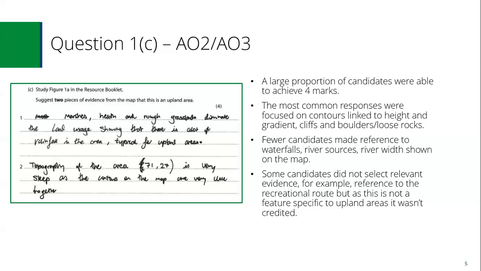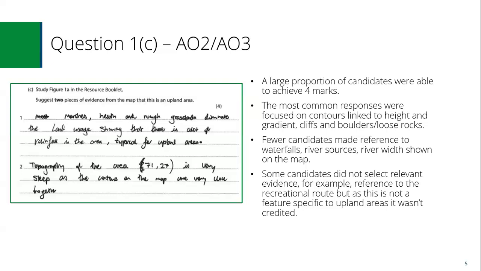And we found that most students were able to get 4, but there was a problem in terms of students who decided to talk about what wasn't there, and therefore that wasn't credited. So it required students to look at it and make reference to what was on the picture. And this one here, we can see that this got 4 out of 4.